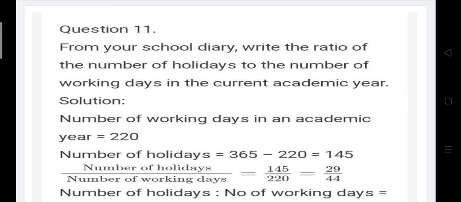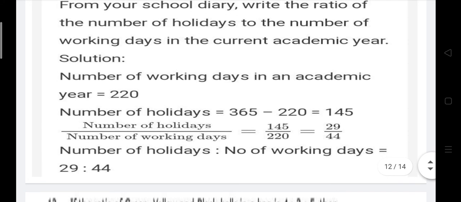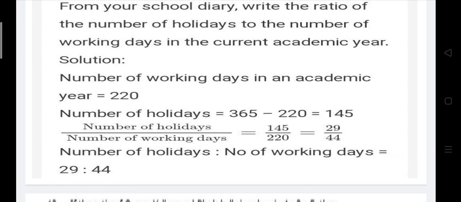Number of holidays: total number of days is 365 minus 220, that is 145 days of holidays. So the ratio is 145 by 220, that is 29 by 44. Number of holidays is to number of working days is equal to 29 is to 44. This is for an example only. Each year we will get a different answer.